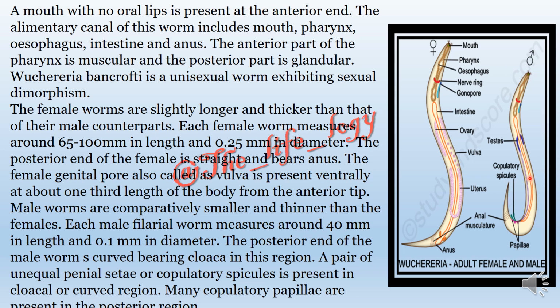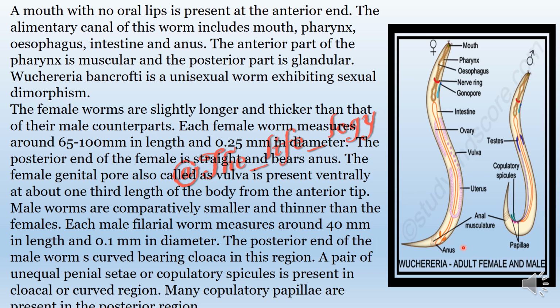The posterior end of the male worm is curved, bearing the cloaca. You can see that the posterior end of the female is straight, but in the male it is somewhat curved, and it bears the cloaca.